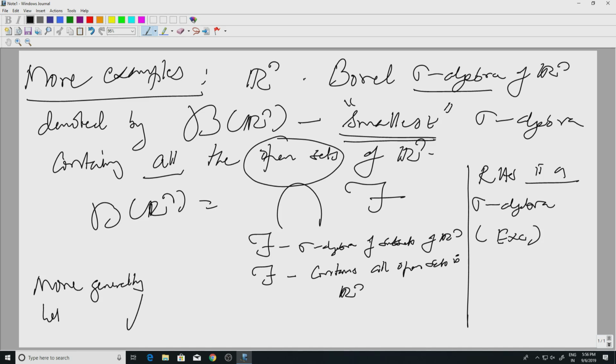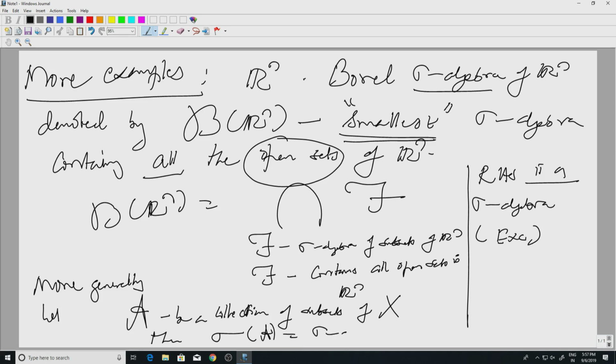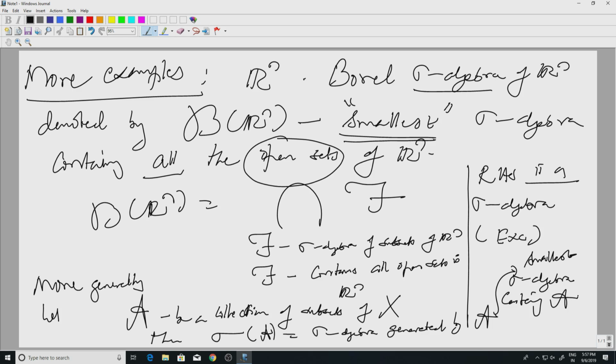let script A be a collection of subsets of, let us say, some X. Then sigma of A is the sigma algebra generated by script A. In other words, this is the smallest sigma algebra containing all the sets from A, and that is denoted by sigma of A. So, you can say this is sigma of all open sets in Rn.